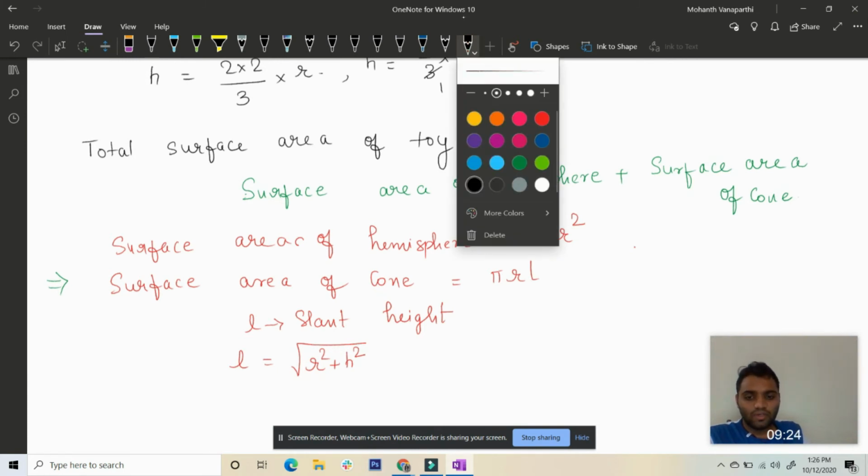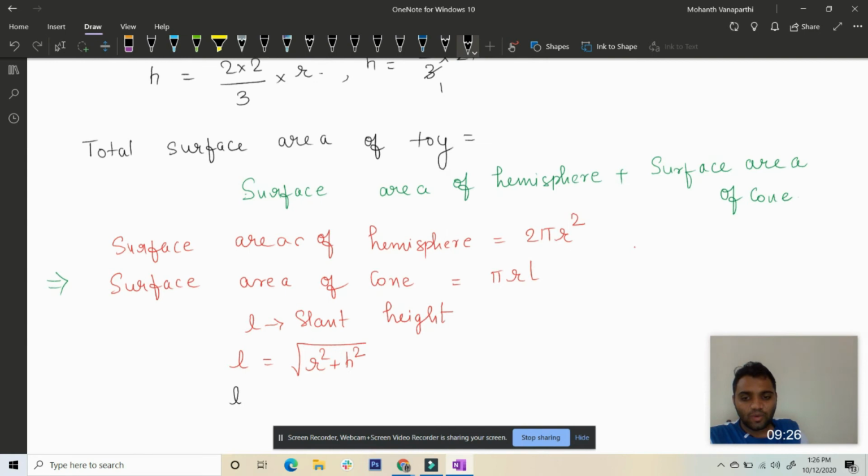Now for the given cone, the slant height is l is equal to, we know that the radius of the hemisphere is 21 and we got the height of the cone as 28. So square root of 21 square plus 28 square.